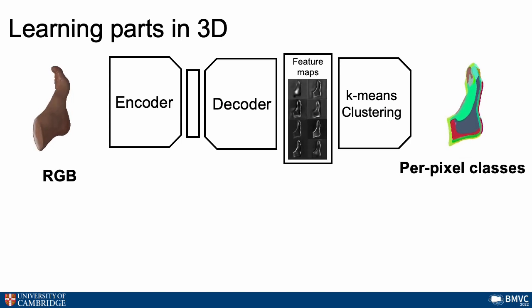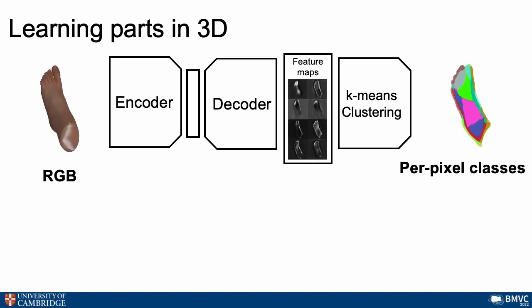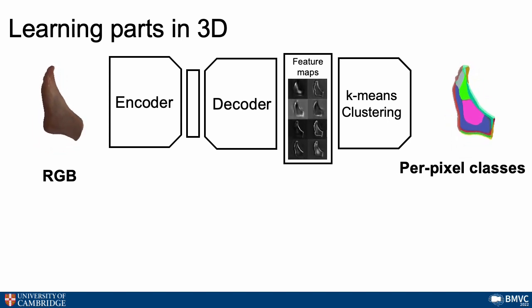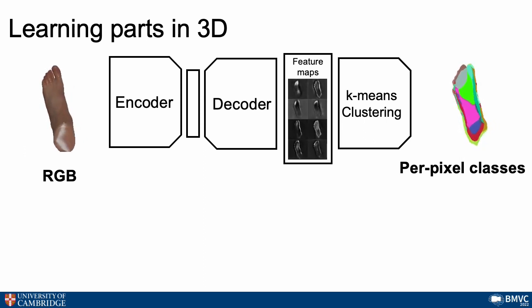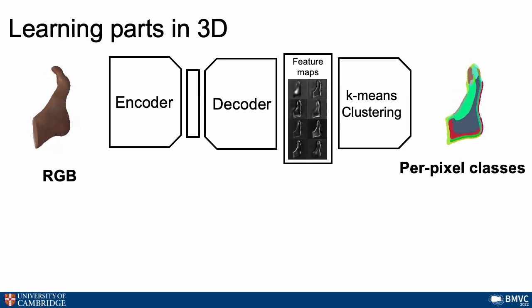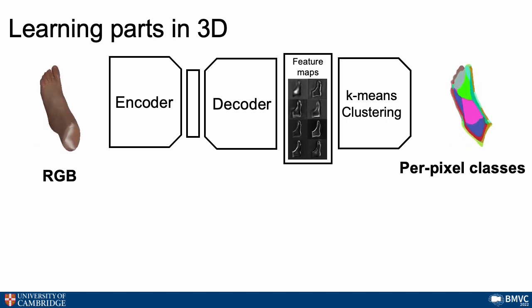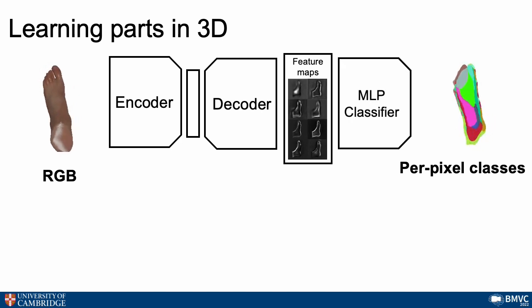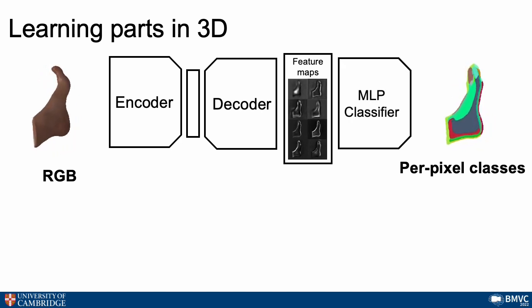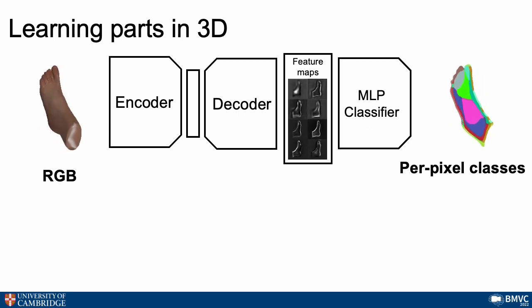To be able to use these foot parts as an optimization loss, 2 further elements are required. The first is to replace the k-means clustering stage with an MLP classifier trained on the k-means results, so that we can use this 2D part classification pipeline in a training loop.